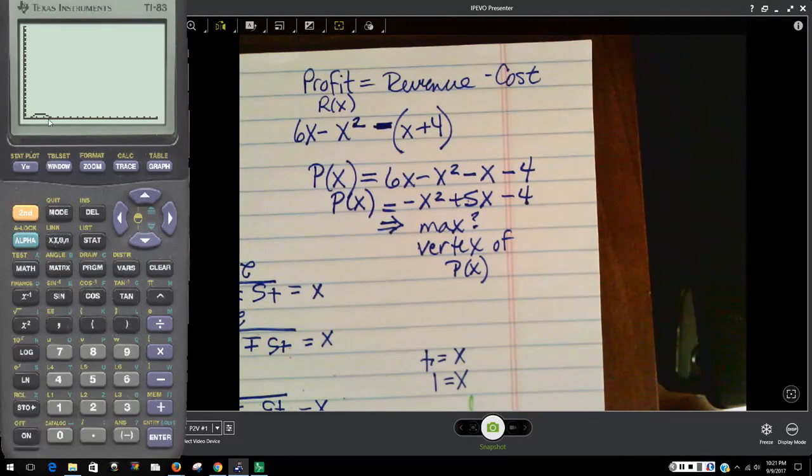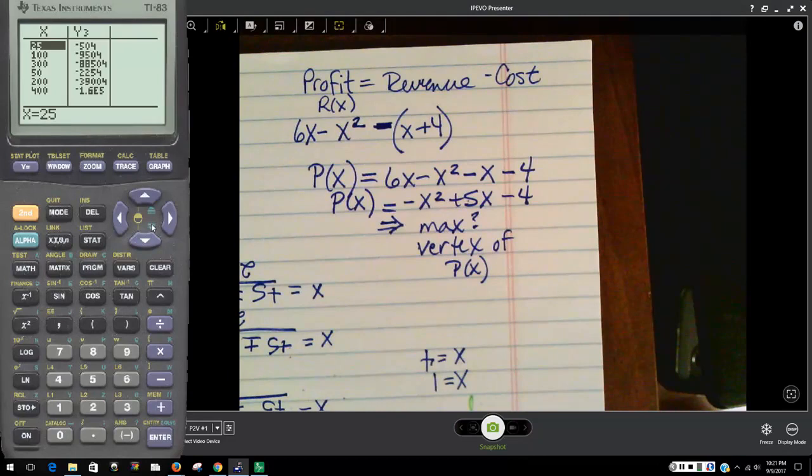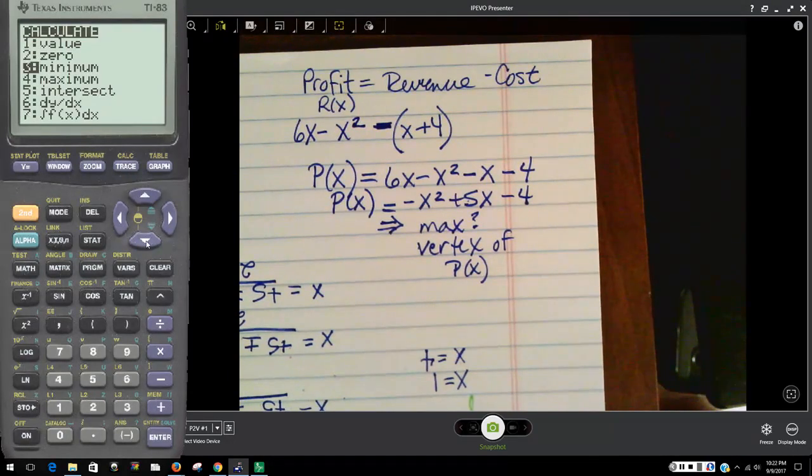And we didn't get much of a profit window. Remember, the profit window is only between 1 and 4 widgets. And so we're going to find, whoops, wrong button. We're going to find the maximum value of that little bitty parabola. I can't see what I'm doing here, but I do know that I need to be going to less than 3. So I'm tracing left to try to get less than 3.